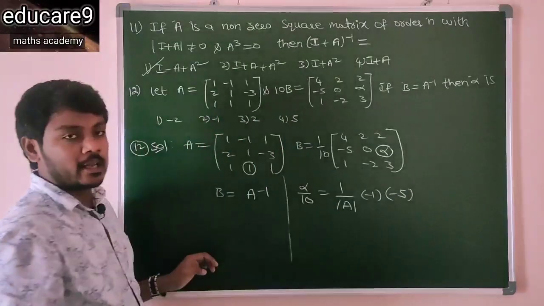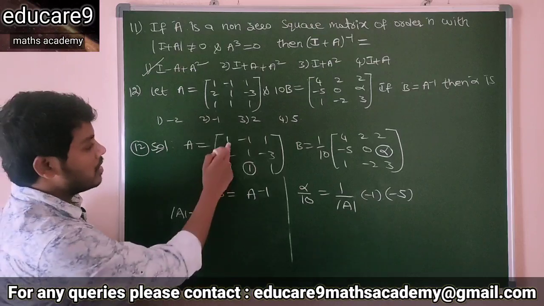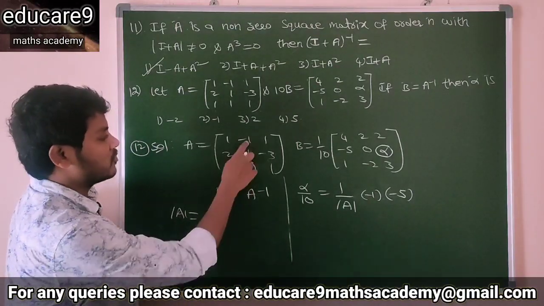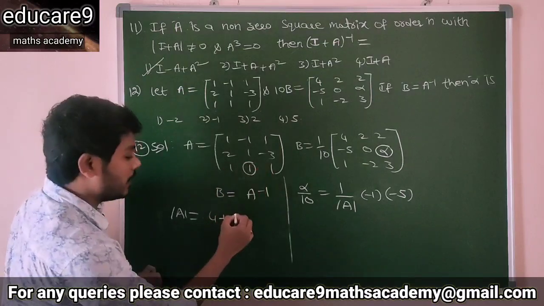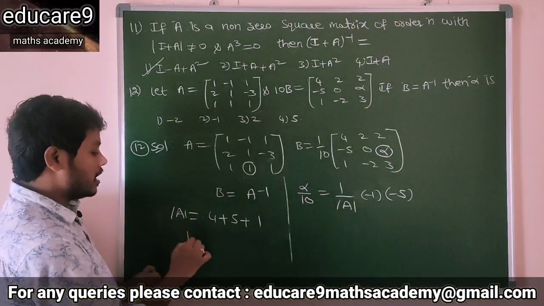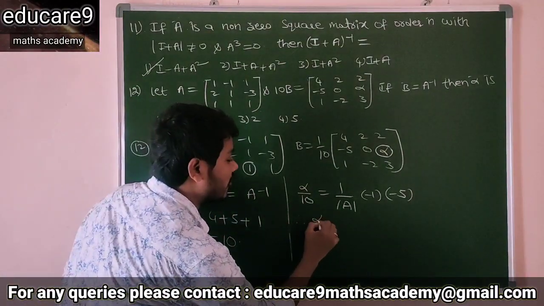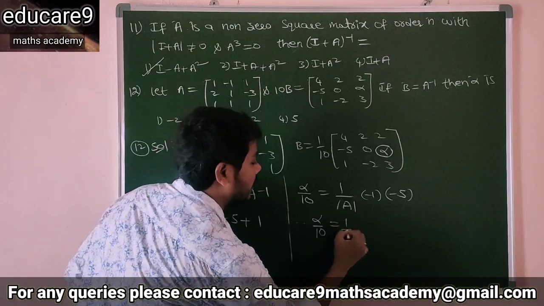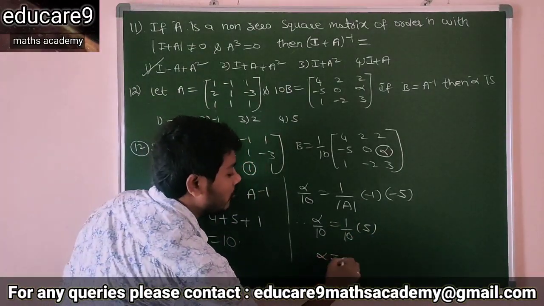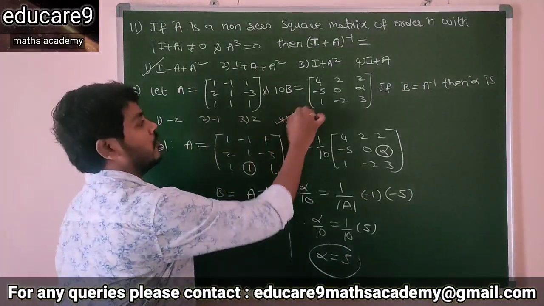Now find the determinant of A. So 1 into 4, that is 4, plus 1 into 5, that is 5, plus 1 into 1, that is 1. Therefore determinant of A is 10. So alpha by 10 is equal to 1 by 10 into 5. So what is the alpha value? 5. So clearly option 4.